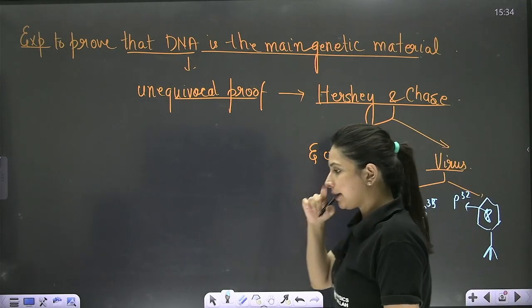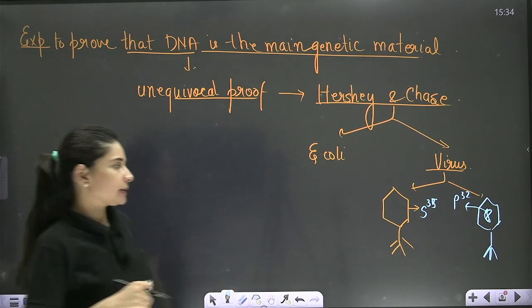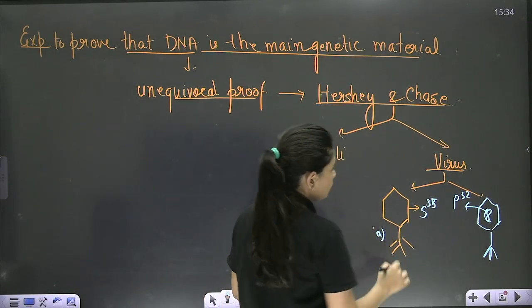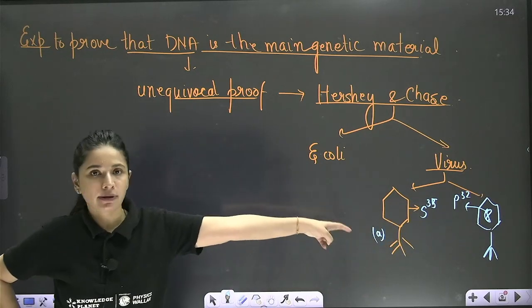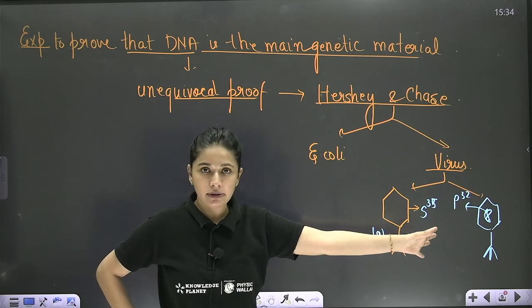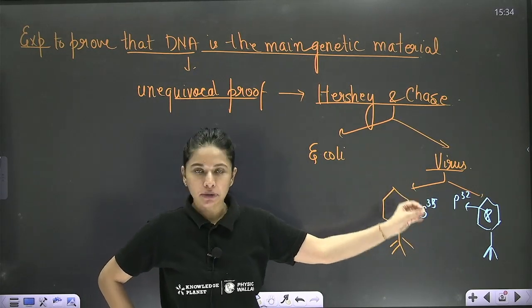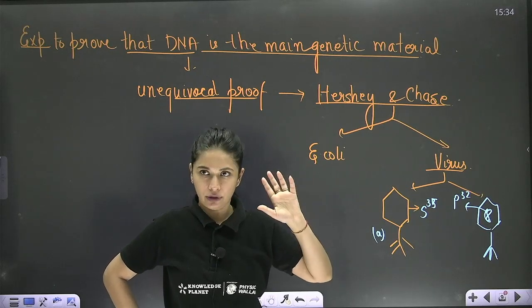So both are radioactive elements. Now you are having two viruses, A virus whose body is having radioactivity and B virus whose body is free from radioactivity, but yes, the genetic material is having radioactivity, that is phosphorus.